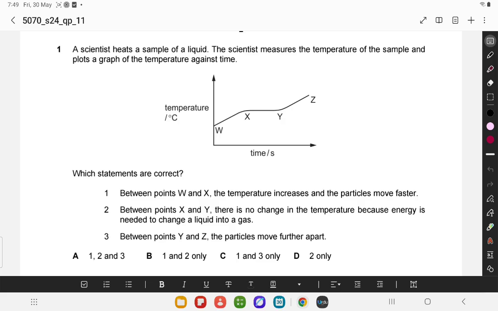Which statements are correct? Between points W and X, the temperature increases and the particles move faster. Yes, it is correct.